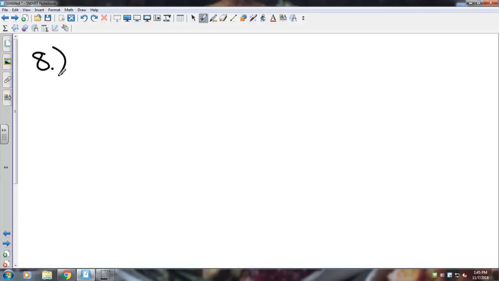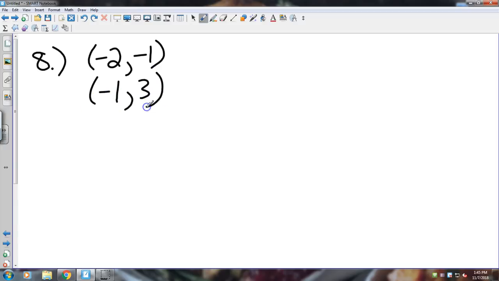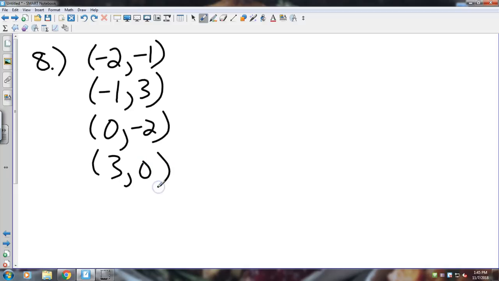So I would label them, and they are going to be (-2, -1), (-1, 3), (0, -2), and (3, 0). Very specific endpoints. So our domain or range will never be all real numbers on something like this because it actually has values.